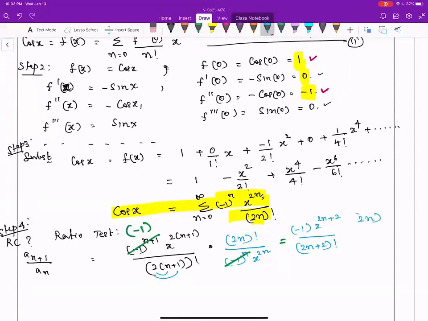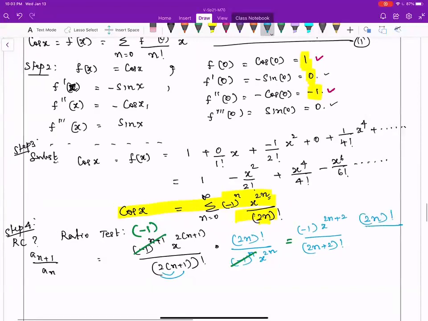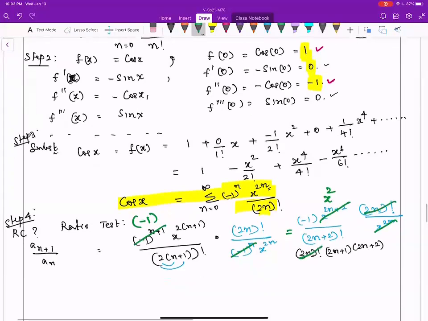Then 2n factorial divided by x to the power 2n. If we do further simplification, this will become x square. Then the usual trick we are going to do here, it is 2n factorial times 2n plus 1 times 2n plus 2. So 2n factorial gets cancelled out.